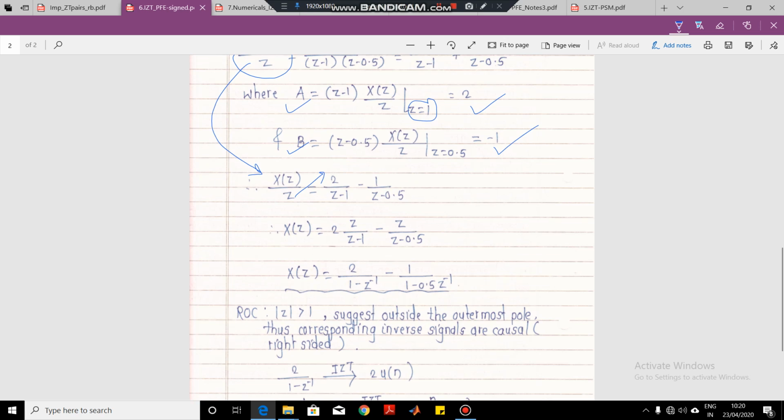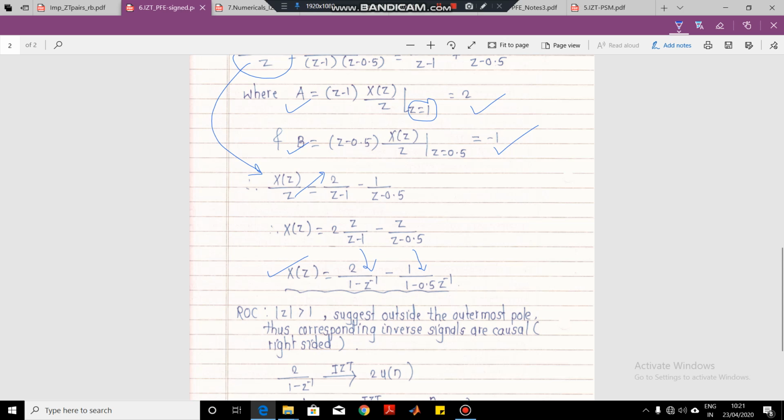Now if I want the expression in negative powers of z, I can divide the numerator and denominator by z in both fractions. Then I get 2 upon 1 minus z raised to minus 1, because 1 upon z is nothing but z raised to minus 1. Similarly, I get 1 upon 1 minus 0.5 z raised to minus 1.